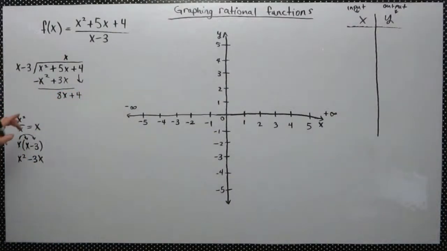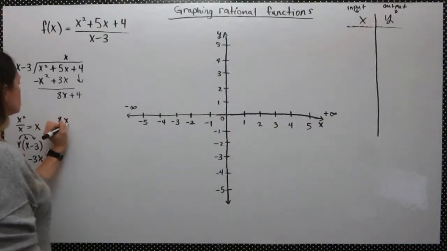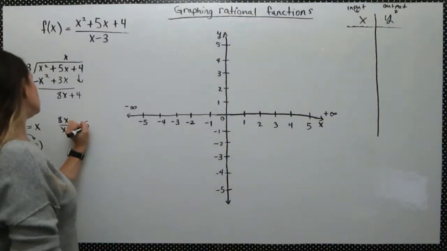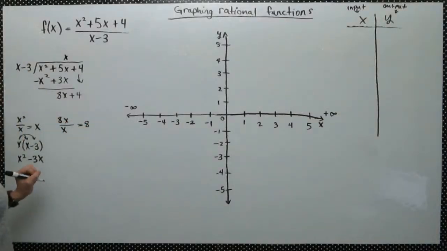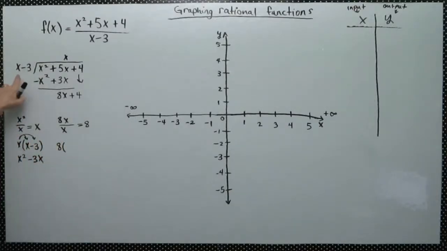Then you repeat the process. You take 8x and divide it by x, and that just equals 8. Then I'm going to take 8 and multiply it by x minus 3 for the algorithm.